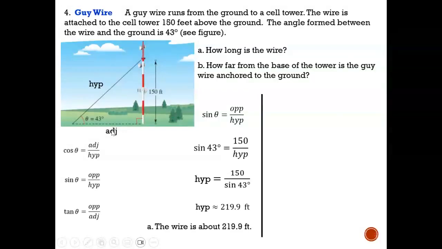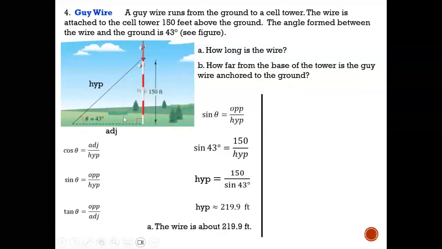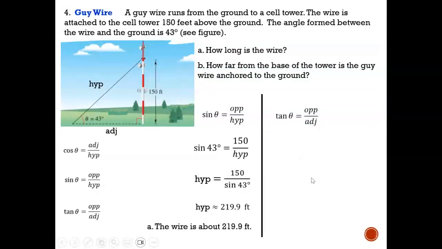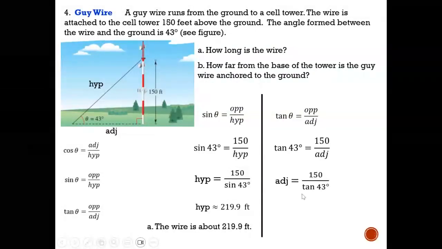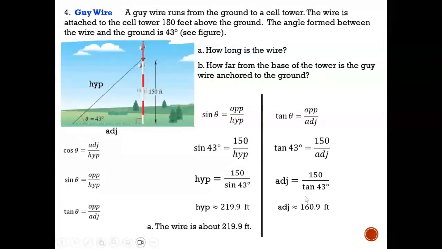So to find the adjacent with the angle and the opposite that was given, we're going to use the tangent, because the tangent is the opposite over adjacent. So let's plug everything in. Again, we're going to switch the adjacent side with the tangent of 43 degrees. Put it in the calculator. It's going to give us about 160.9 feet. So that's the answer for part B.